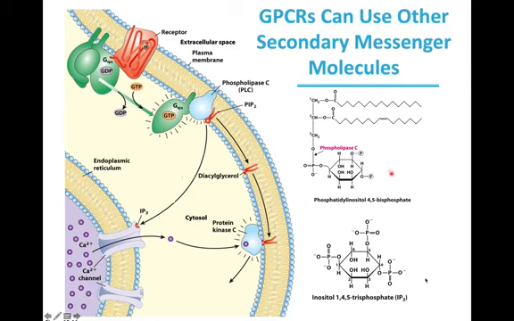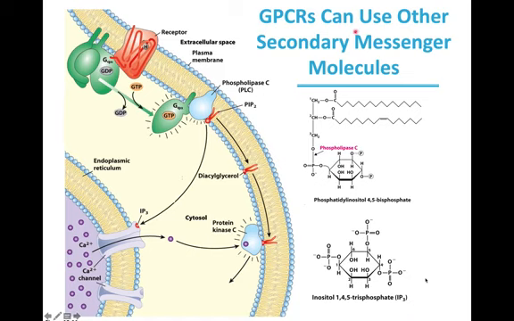Phosphatidylinositol 4,5-bisphosphate, or PIP2 as it is called, is the structure, and phospholipase C, or PLC, cleaves this particular bond. As a result of this cleavage, diacylglycerol is released and another molecule, inositol 1,4,5-triphosphate, or IP3, is released. IP3 is a secondary messenger like cyclic adenosine monophosphate.